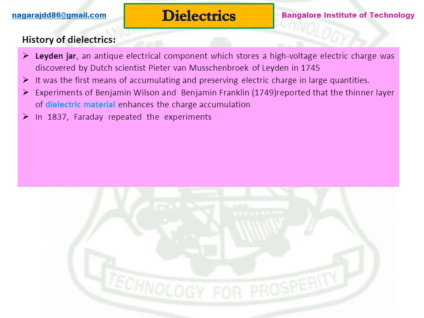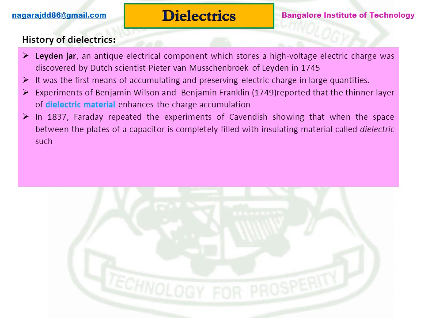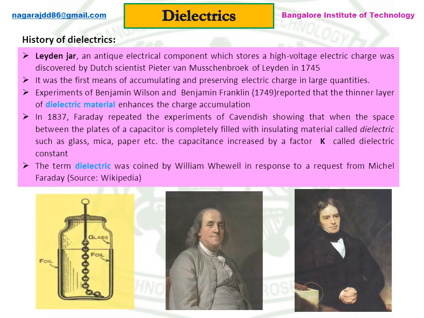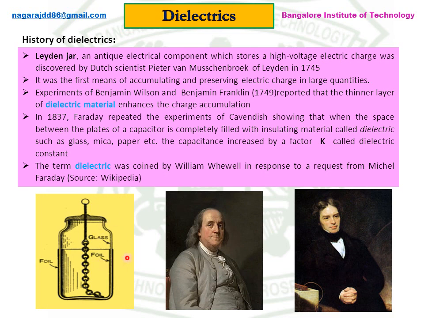In 1837, Faraday repeated the experiments of Cavendish, showing that when the space between the plates of a capacitor is completely filled with insulating material such as glass, mica, paper, etc., the capacitance increased by a factor K, called the dielectric constant. The term dielectric was coined by William Whewell in response to a request from Michael Faraday. This is the first Leyden jar. This is Benjamin Franklin and Michael Faraday.